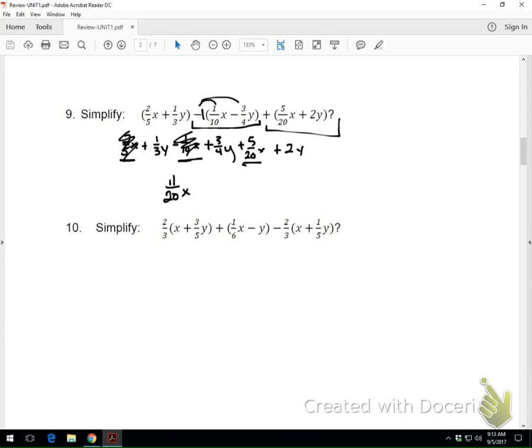So I'm going to mark those out so I know I've used them. Now I got 1/3 y plus 3/4 y plus 2y.